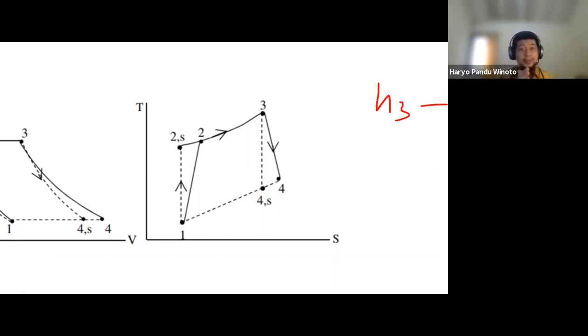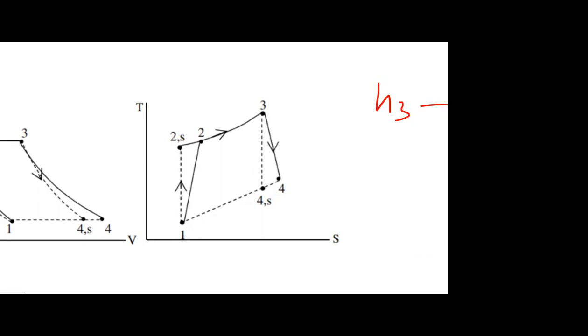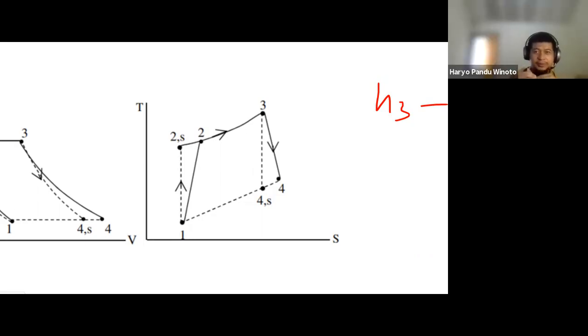Now let me ask you, when we have H3 minus H4S compared to H3 minus H4, which one is bigger? H3 minus H4S is bigger, yes, because it has lower H4.